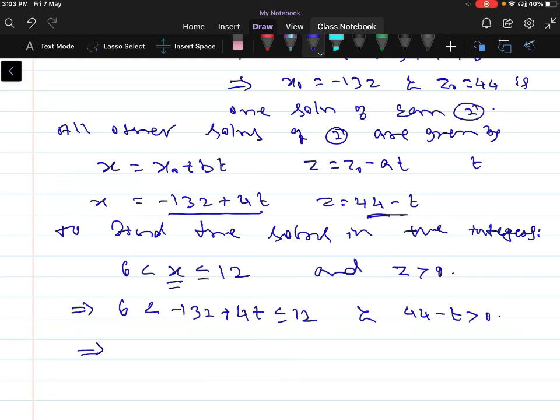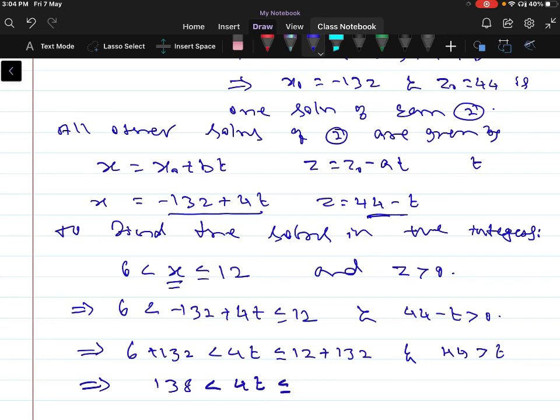Moving minus 132 to the other sides, we get 6 plus 132, that is 138, less than 4t less than or equal to 12 plus 132, which is 144, and t is less than 44.